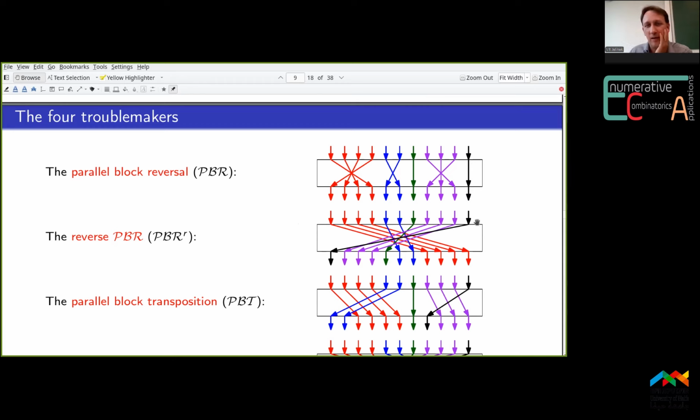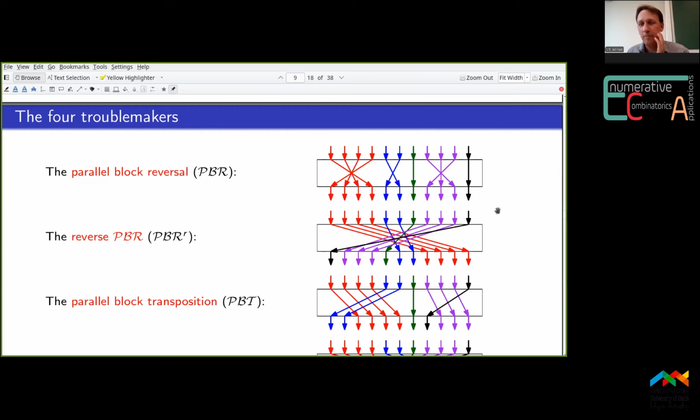Or in a direct fashion, what the reverse parallel block reversals would do is take some prefix, move it to the end, then take the prefix of the rest, move it after that, and so on, and so on.